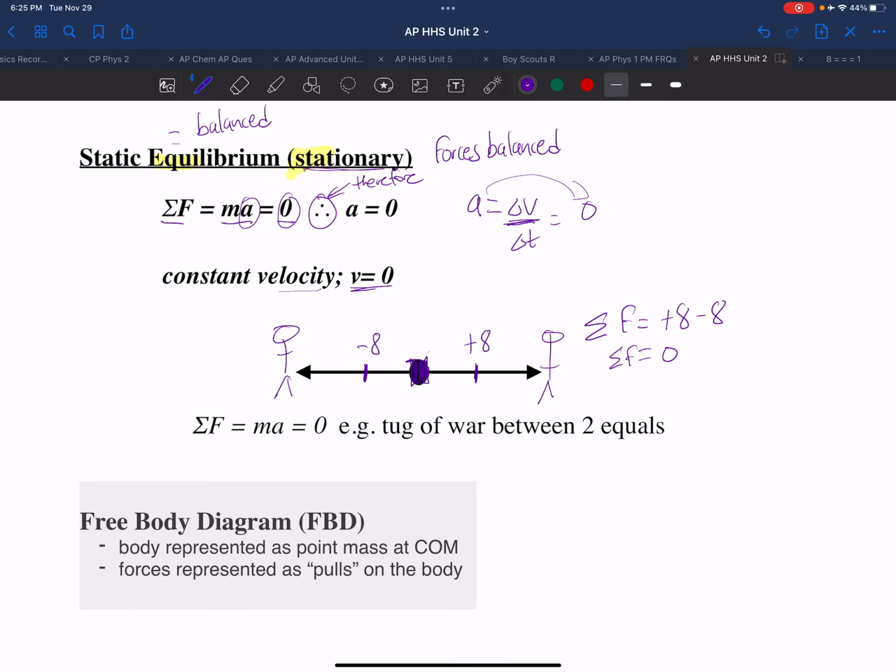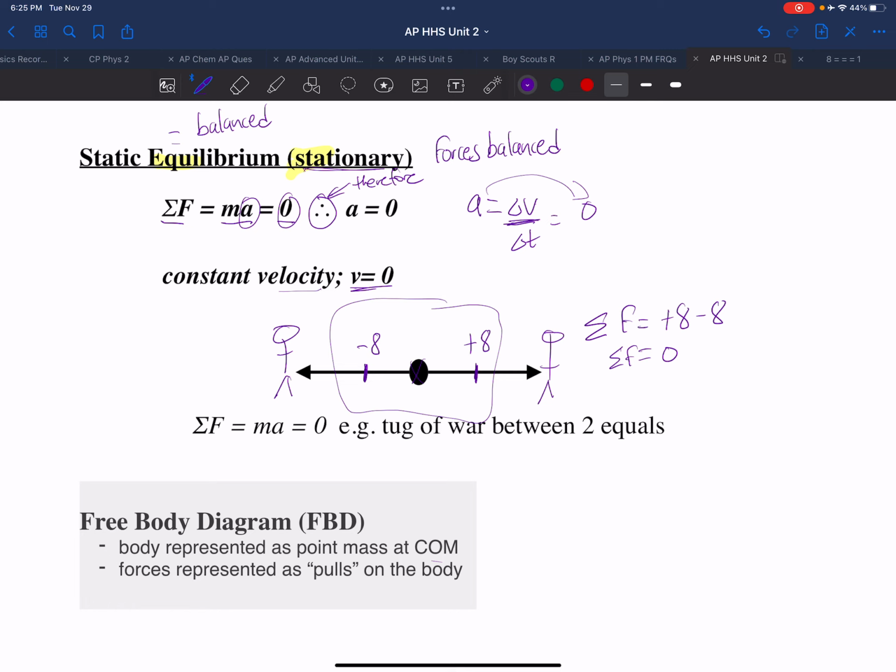The ropes were tied to a box, and they're pulling on the box. Well, the body involved is represented as a point mass at the center of mass. So what we had previously as a box is represented as a point mass. I drew it pretty large in this diagram so you could see it, but there could be some object there of any size, and it is just located at the center of mass.